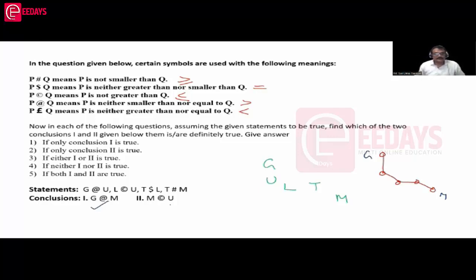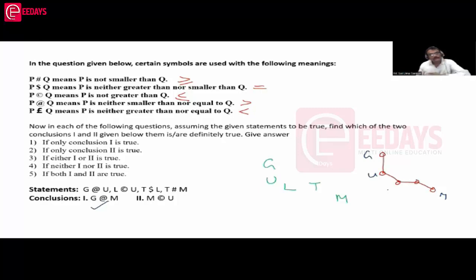Now come to the second one. M copyright U. Copyright means less than or equal to. Where is U? U is here. Now check whether there is a vertical line between U and M. There is no vertical line between U and M. Here it is either a diagonal line or a horizontal line in between U and M. So if the diagonal line or horizontal line is there, the upper value is greater than or equal to the lower value.